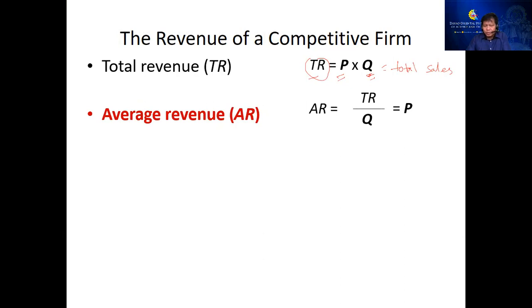And average revenue, of course, is your total revenue divided by the quantity sold. So that is the average revenue for each unit of output, or simply this is equal to the price. So average revenue is also equal to the price per unit of the product. Okay?